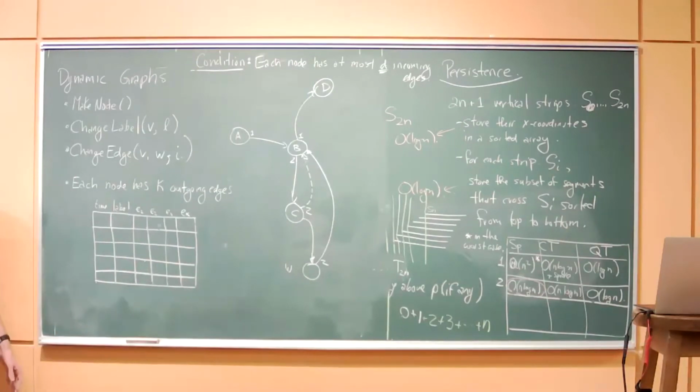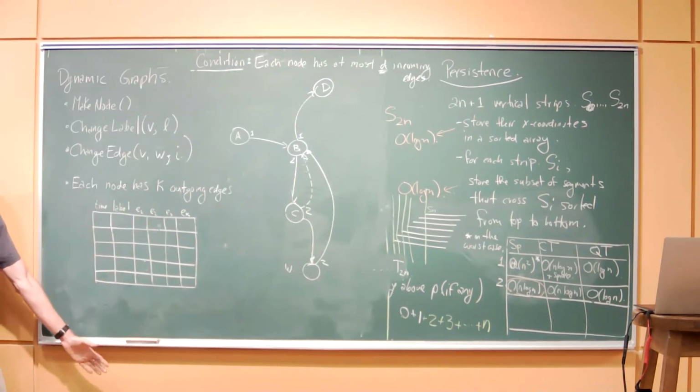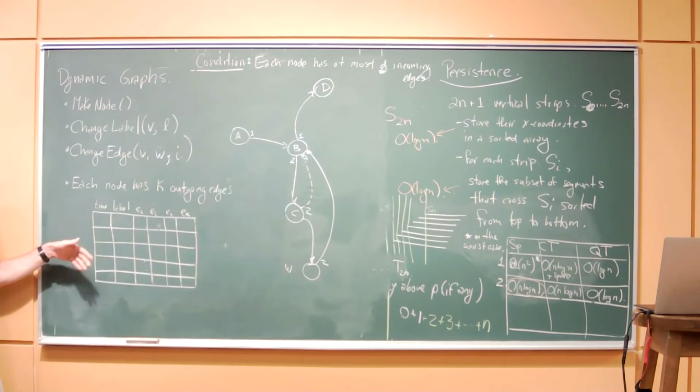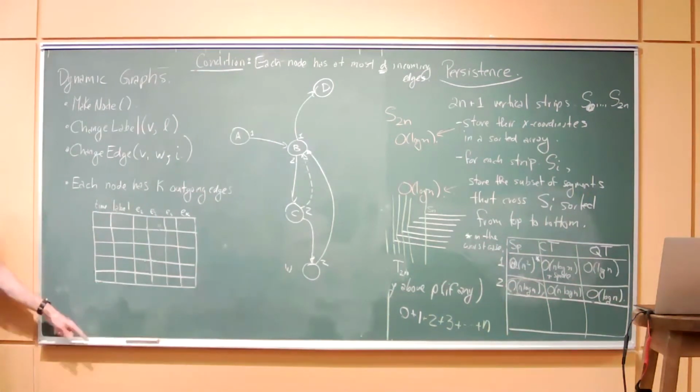So that's not what we will do, and it's not a great idea, because at some point I will want to access this node at some point in time. And the only way to do that is to find the right row for that point in time. But if the table is arbitrarily large, that's at least a binary search, and you won't be able to access it in constant time. We would like to be able to access the version we want in constant time.